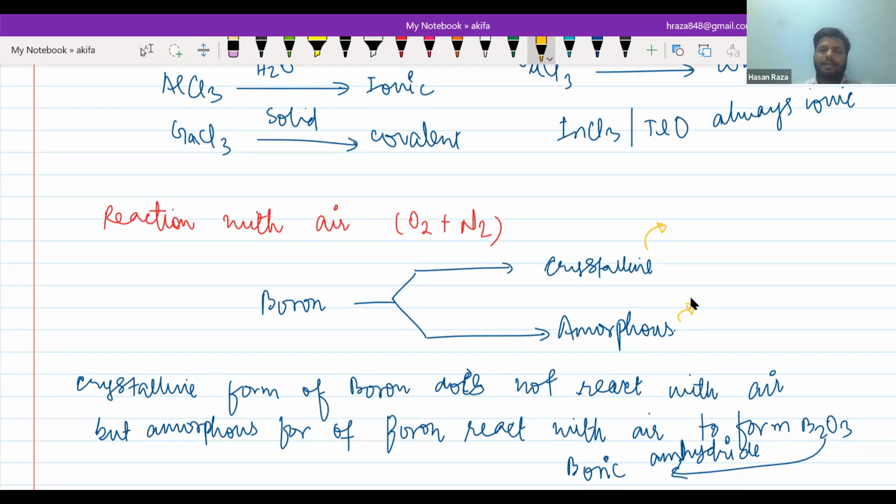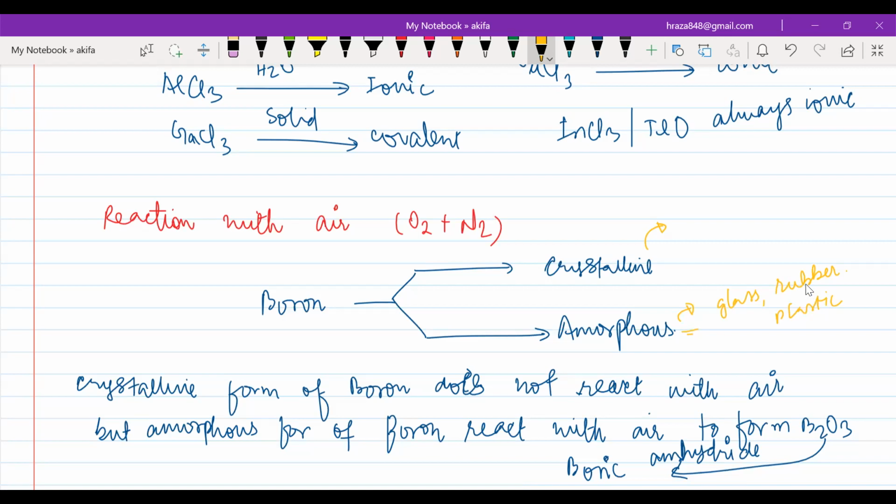For example, crystalline solids are like iron, NaCl, ZnS, and amorphous solids are like glass, rubber, plastic. Okay, just write it. Done.